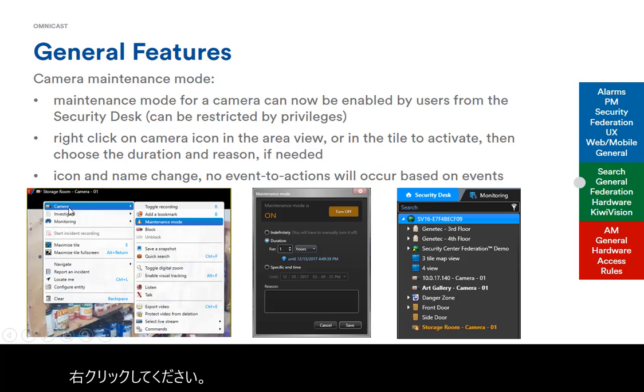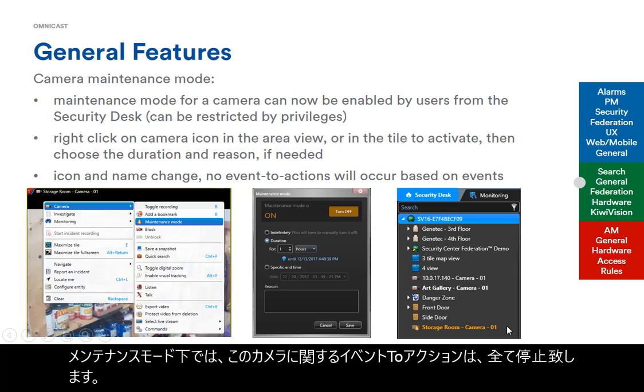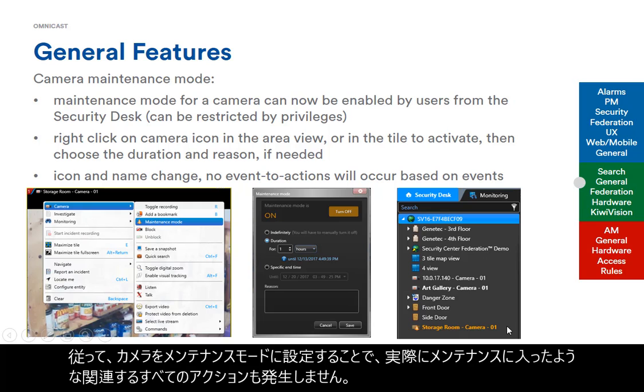You just right-click on the camera, go in the camera menu and choose maintenance mode, and set up how long you want it to be enabled for. The icon is going to have a little cone, and it's going to change the name of the camera to orange. So it's in maintenance mode, and any event-to-actions that are set to happen on that particular camera are going to be shunted as well. It's really a true maintenance mode, and keeps things from happening while you're working on the camera.